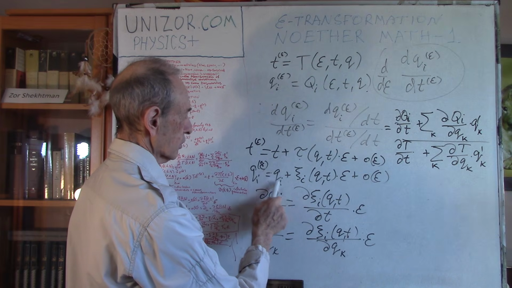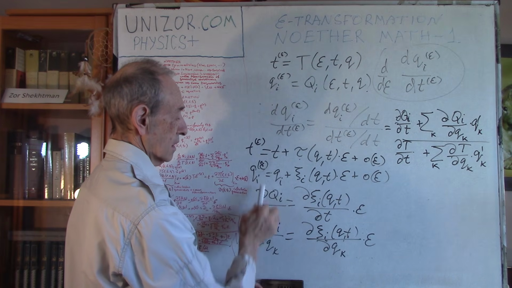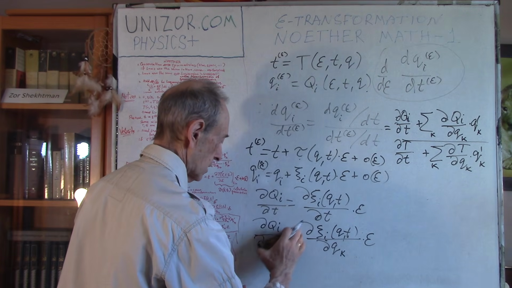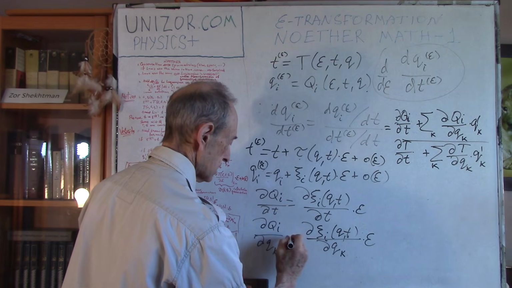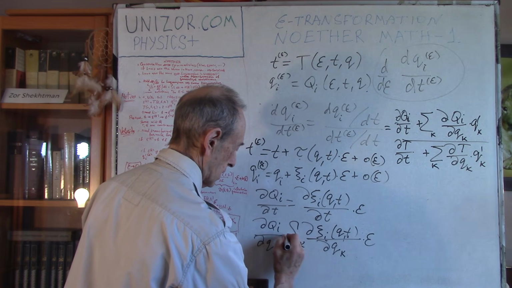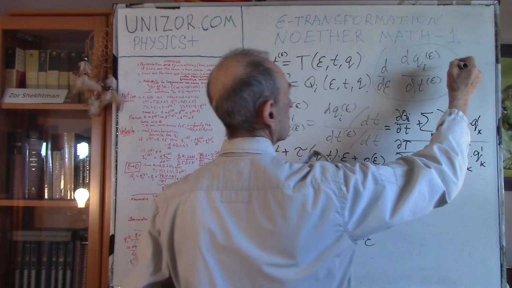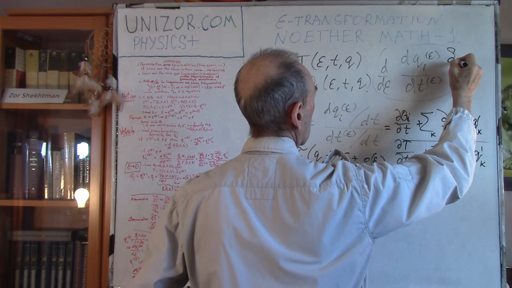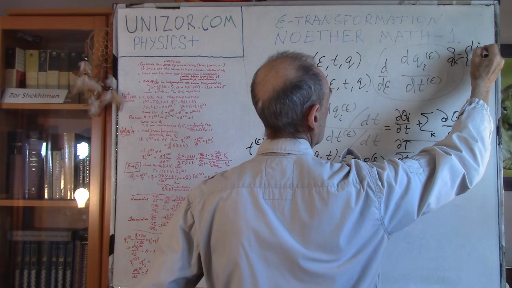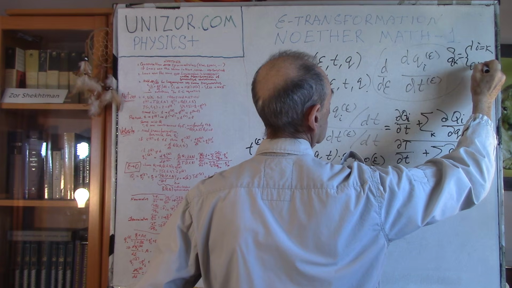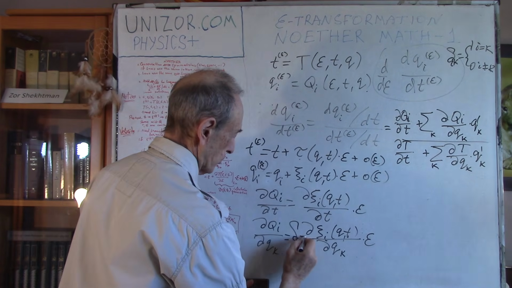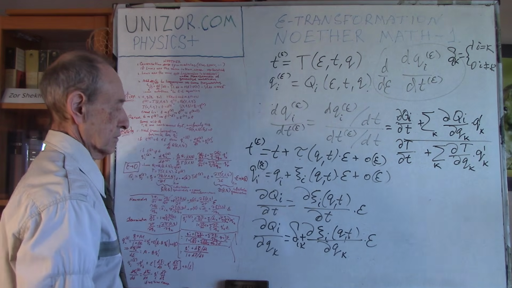But if i is equal to k, when I differentiate by qk, that would be 1. So I will use a mathematical symbol, which is called delta ik. Now delta ik is equal to 1 if i is equal to k, and 0 if i is not equal to k. So I will use this one plus my partial derivative. Okay, now it's correct.